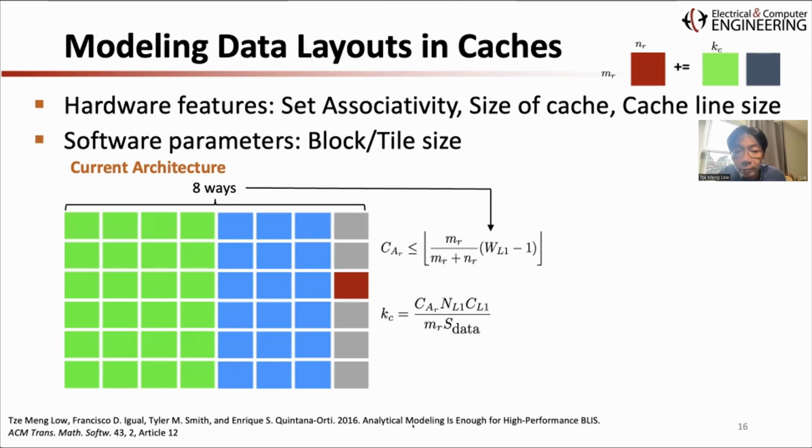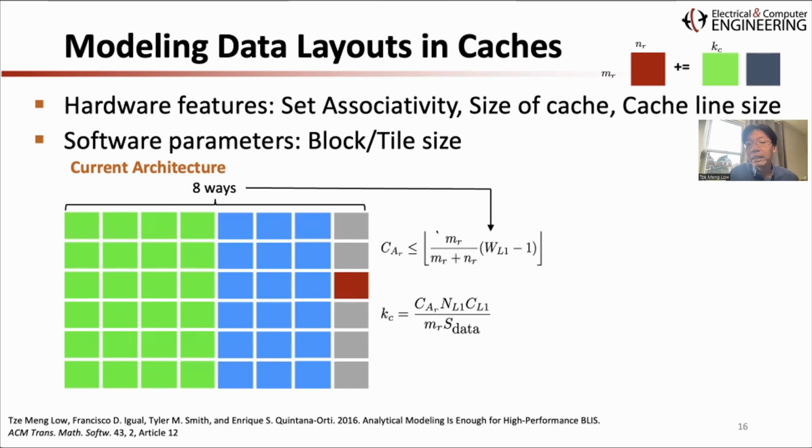So I have to allocate an entire way to fit my output matrix, because I don't know the starting address. It potentially may cover any possible range, but if I leave one entire way available in my cache, I know the starting address will fit somewhere within that way. This accounts for one of the 8 ways I have available.